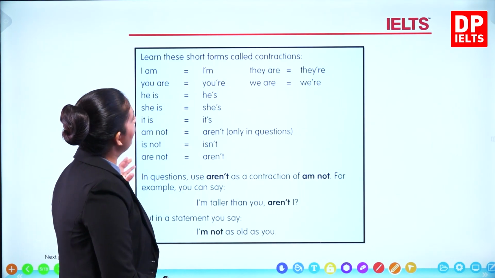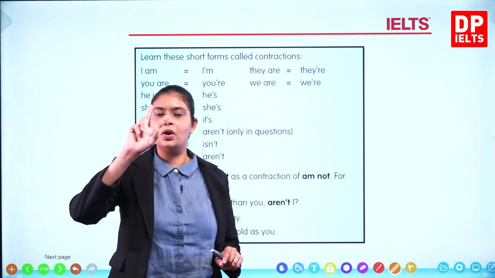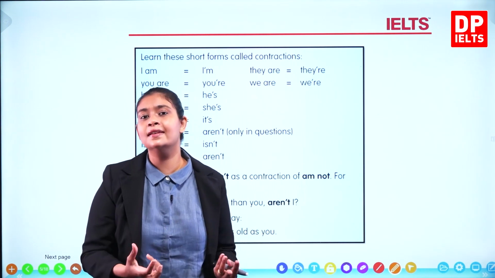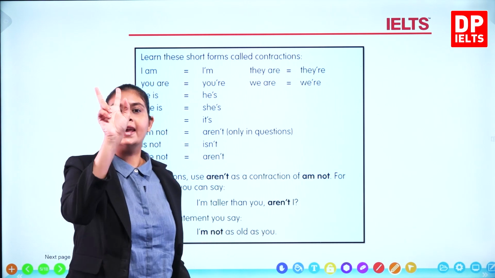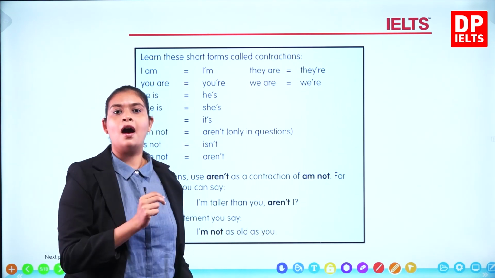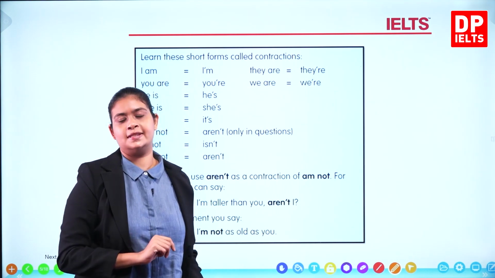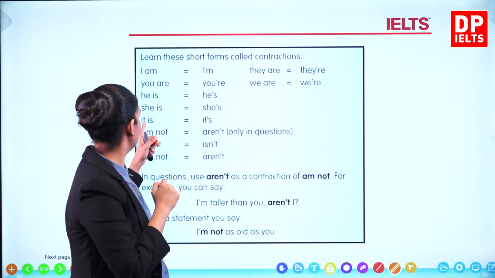Now we'll have a look at contractions. Contractions are words when you put them together, right? You can use it like a single word, right? Let us have a look at this. I am. When you put it together, I'm. She is. When you put it together, she's. He is. When you put it together, he's.